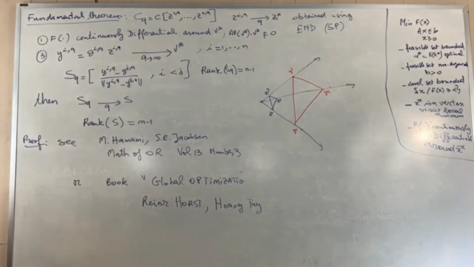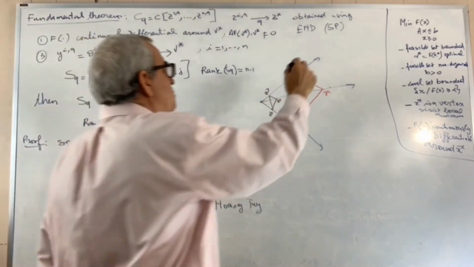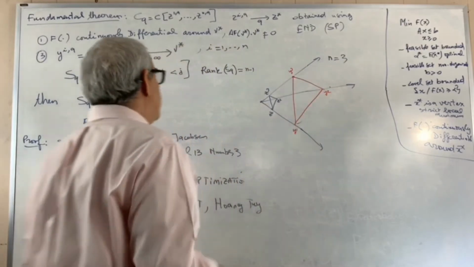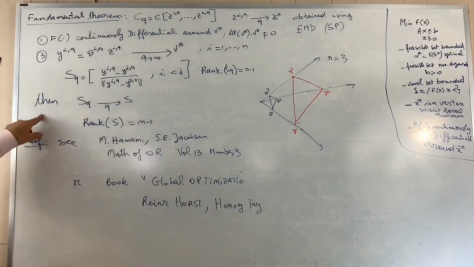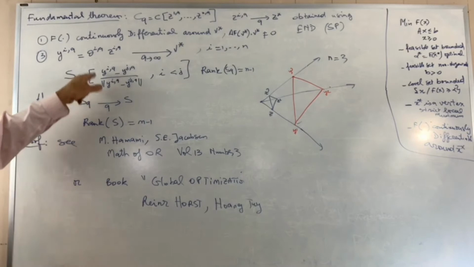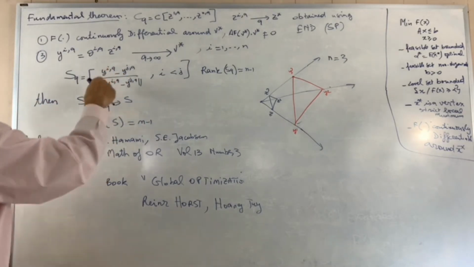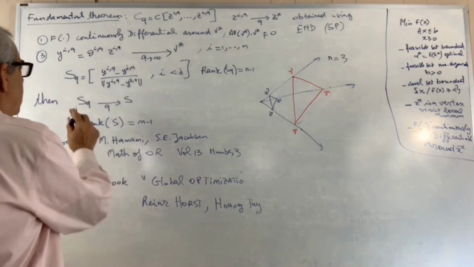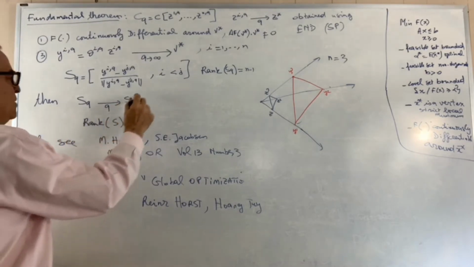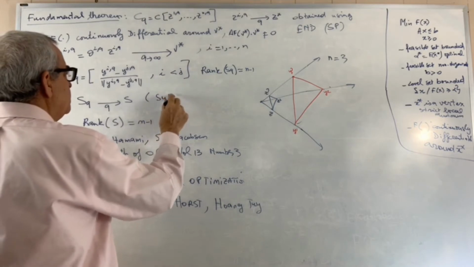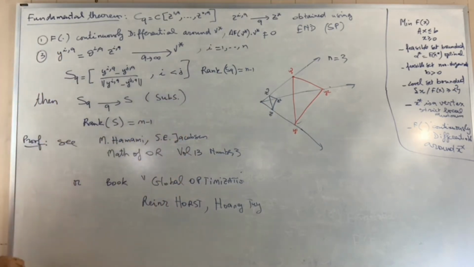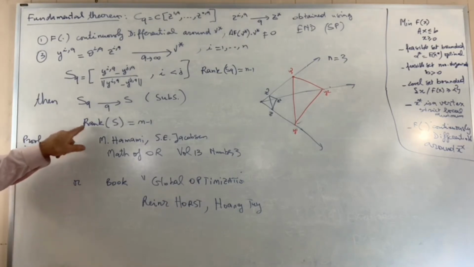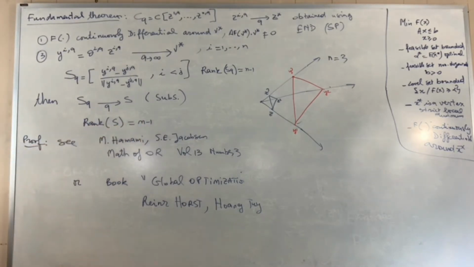Like here, I am in n equal to 3, in 3 dimensions, and these directions are of rank 2. Since the columns of S q all have norm equal to 1, S q converges subsequentially, if necessary, to S. Then the theorem says, same as the non-degenerate definition, that the rank of S is n minus 1.